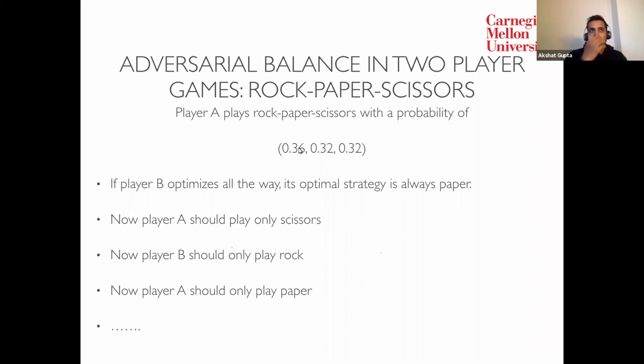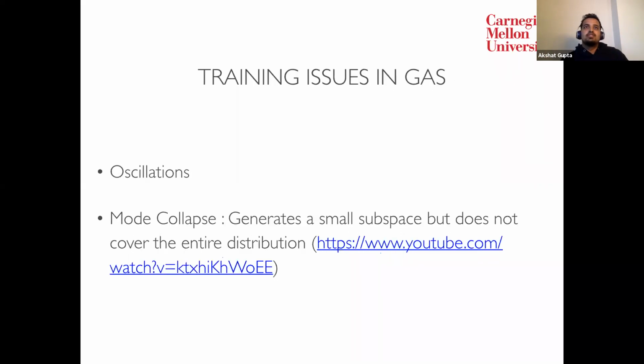An ideal way would have been: if I was playing paper with 36% probability, player B should have increased its chances of playing paper a little more, and so player A would have increased its chances of playing scissors a little more, and then player B would have increased its chances of playing rock a little more, and everybody would have stabilized to the optimum of playing all three things with 33% probability each.